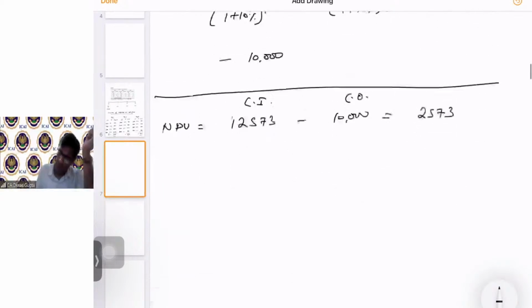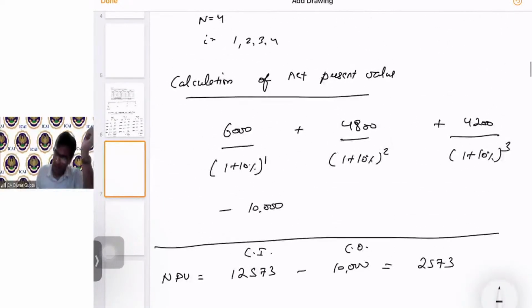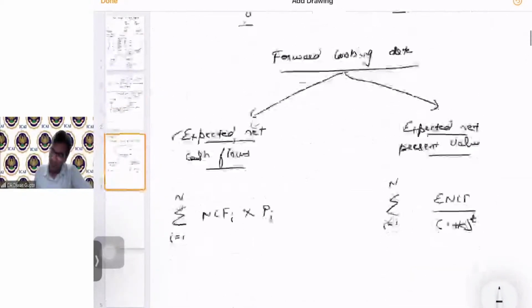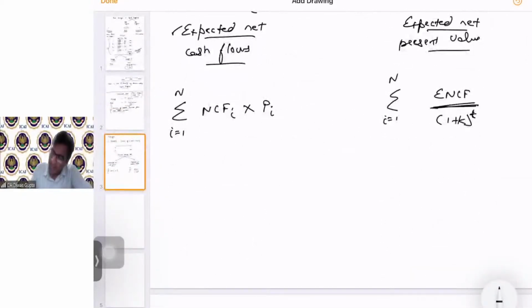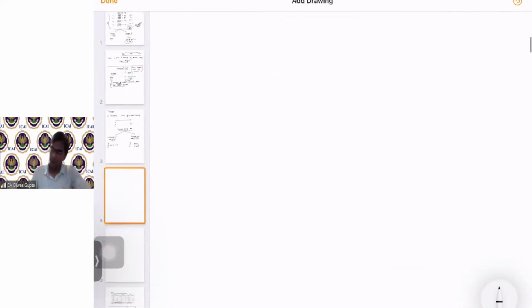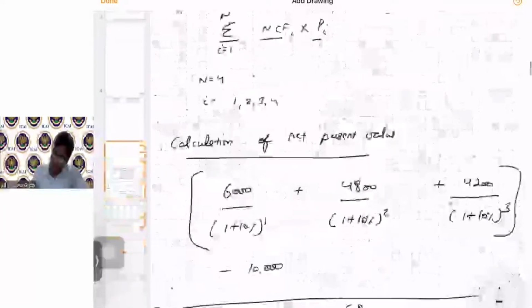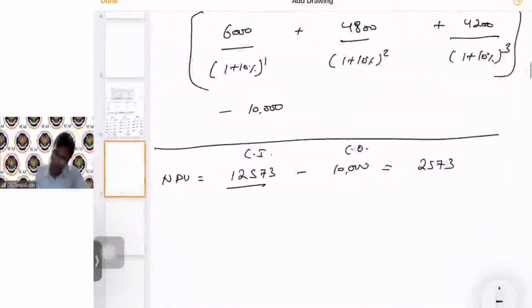2573. And this actually ties back to the second part of the formula, which I've mentioned here, which is this one: expected net cash flow divided by 1 plus k raised to the power t, which is the time for the different ones, and take a summation. So this 12,573 is a summation of that formula.